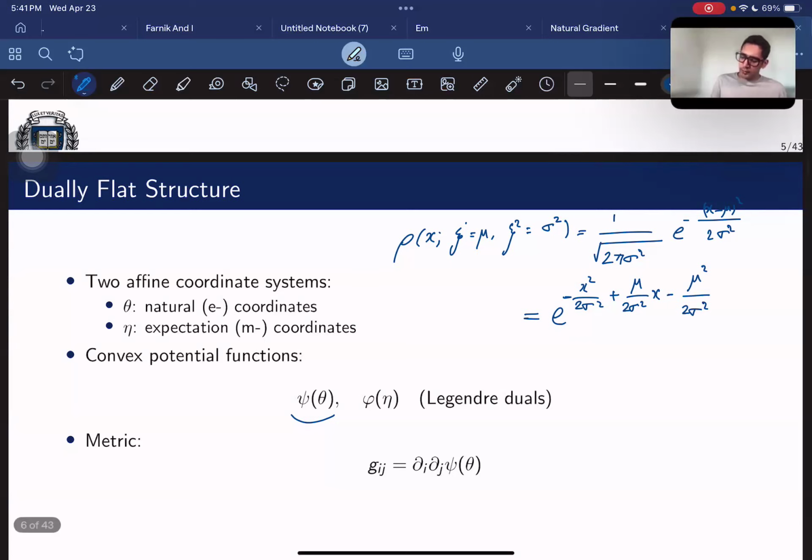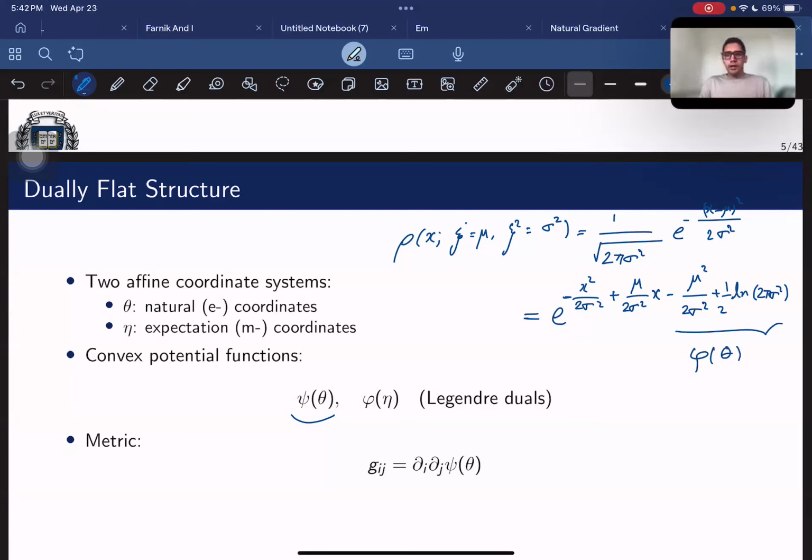And we take this to the exponent, which is 1/2 log of 2 pi sigma squared. This is psi of theta.